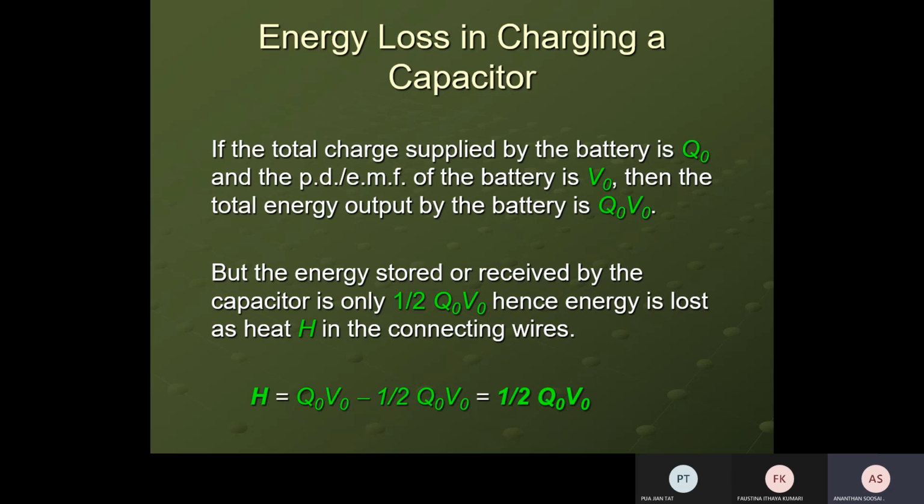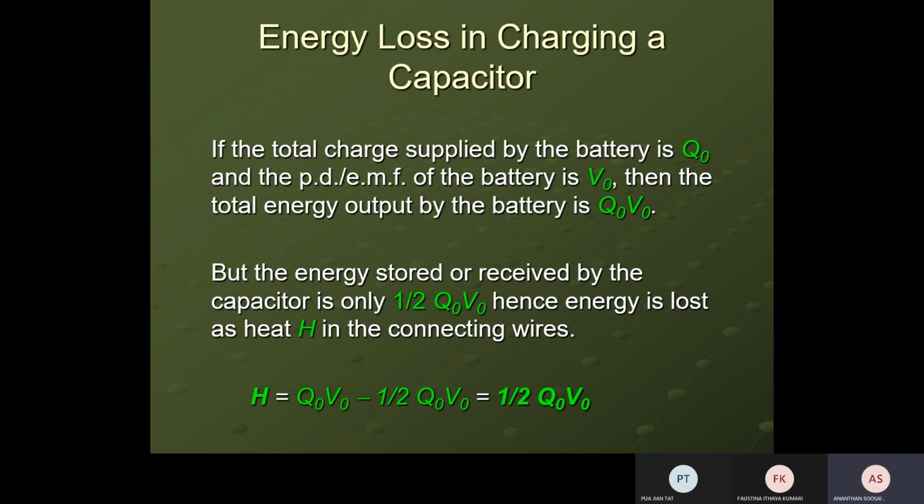The energy stored is found to be half QV, half Q naught V naught. So the battery releases Q naught V naught, but the capacitor only stores half of it. Efficiency is found to be 50%. This slide tells that the energy loss of a charging capacitor is 50%. Where is it lost? The energy is lost as heat in the connecting wires. You blame the connecting wires.